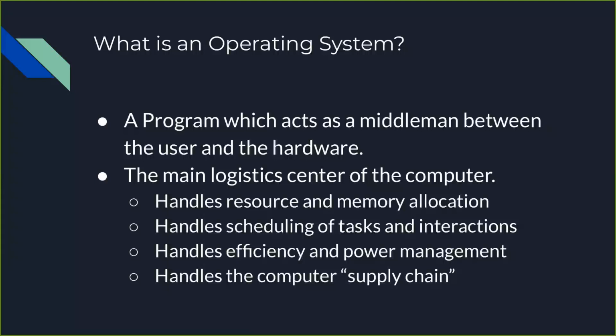The other thing is that it handles the computer's supply chain. At the very base you've got the hardware. Your hardware consists of a motherboard, a CPU, a GPU, sometimes several CPUs and several GPUs, depending on your hardware configuration, among many other things like CD drives, DVD drives, hard disks, and solid state drives these days.